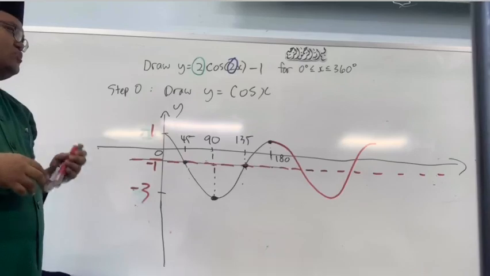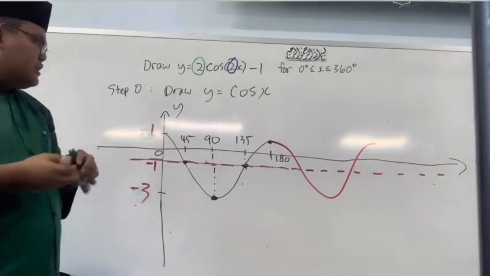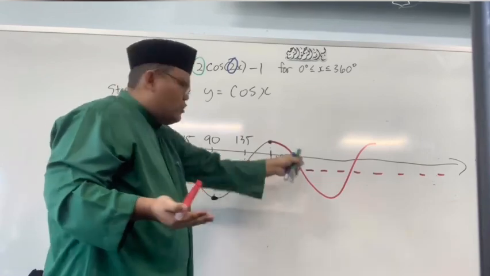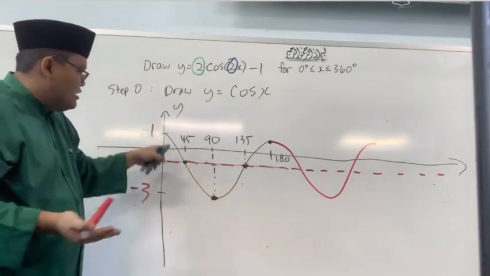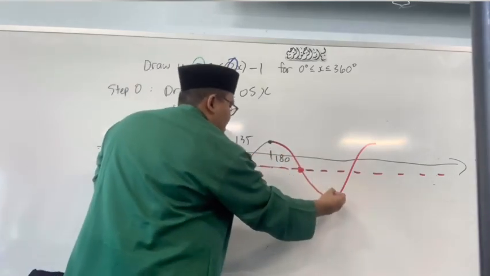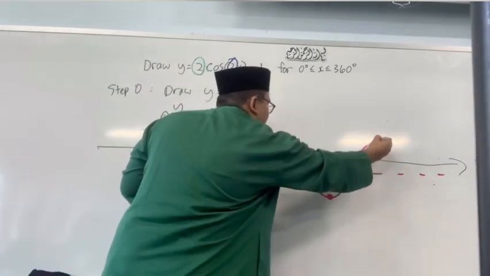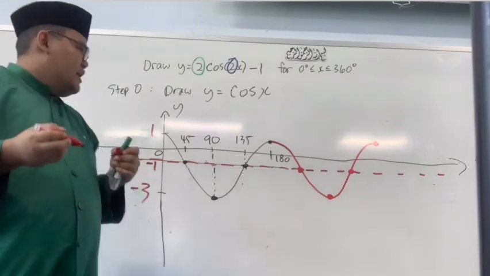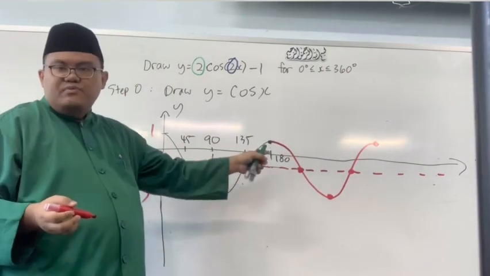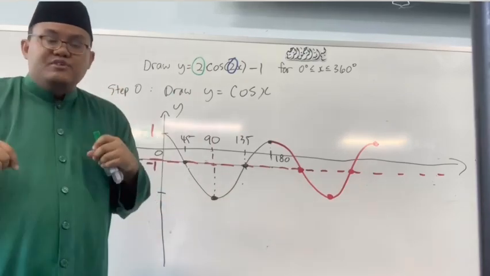After that, you need to identify the special points. Okay. Now, if you're confused, where are the special points? Just look at your first curve. Okay, look at the one that I circled. So, one special point is here, one is here, one is here, and one is there. Look at the pattern. Here to here 45, then go to 90, go to 135. So the gap is 45.